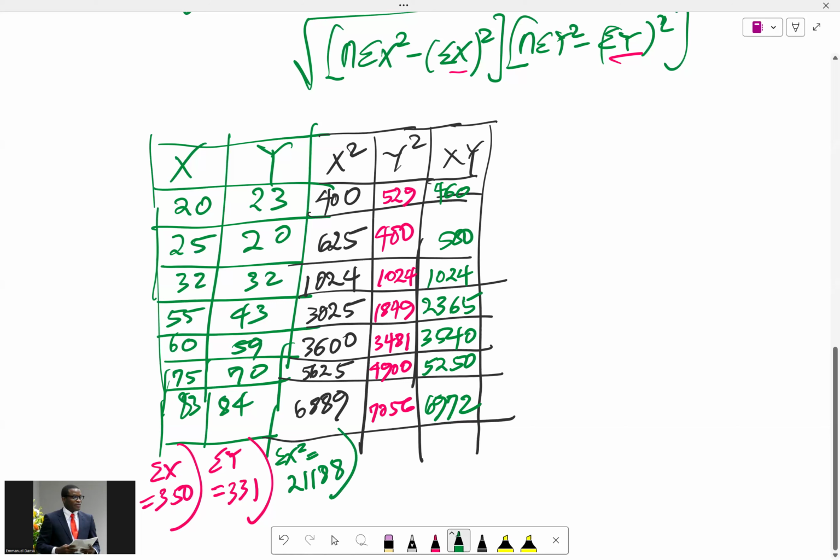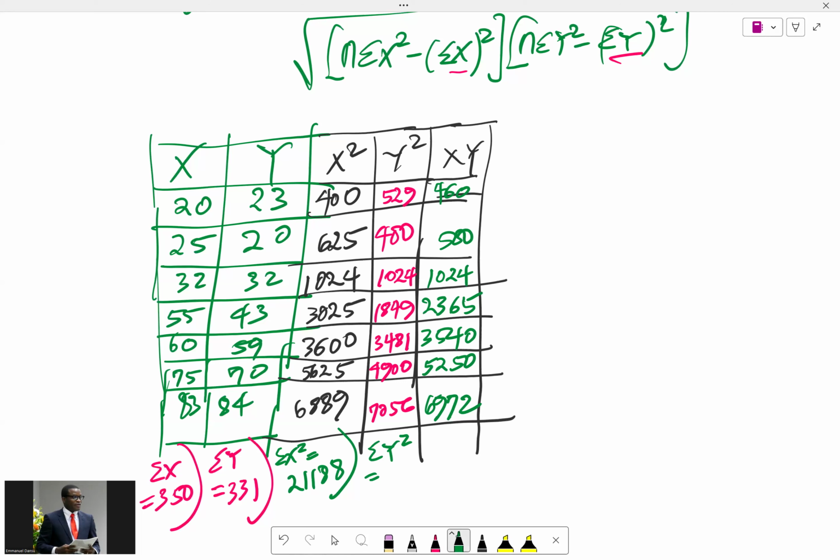21188. And we need the summation of y squared. That's again, let's go: 529 plus 400 plus 1024 plus 1849 plus 3481 plus 4900 plus 7056.